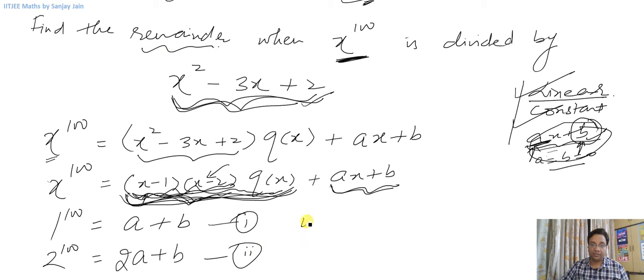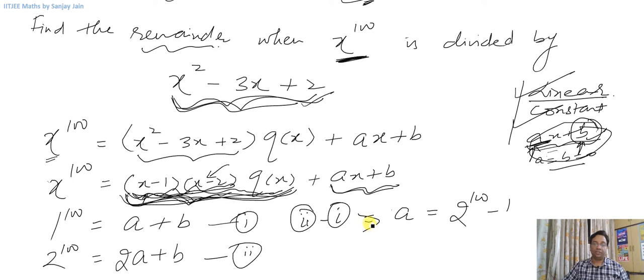So when I do this subtraction, second minus 1, b will get cancelled, 2a minus a will give me a, and on the left hand side I'll get 2 raised to power 100 minus 1, because 1 raised to power 100 is 1. Okay, now that I have got a, I can put the value of a in the first equation and get the value of b.